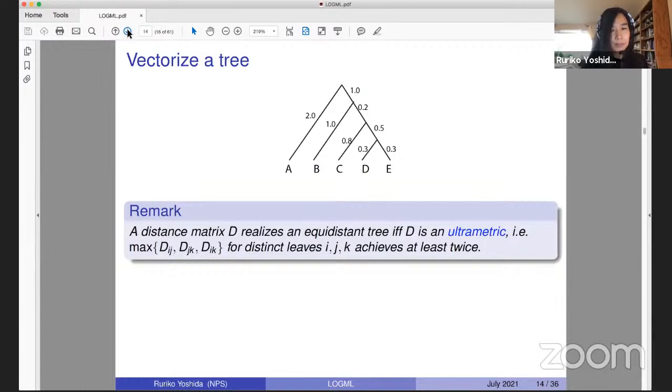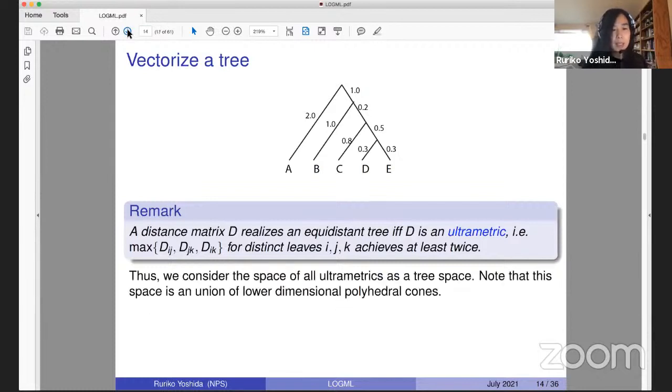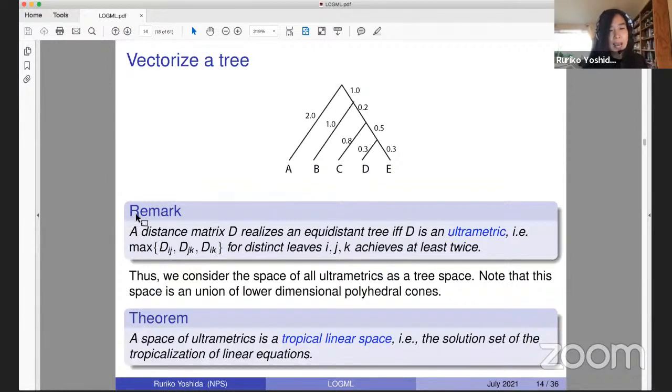Then, this is the ultrametric, and it has some particular properties.